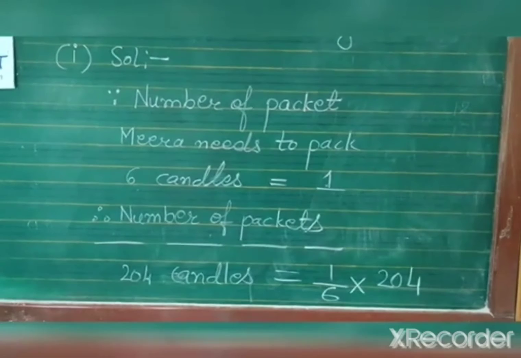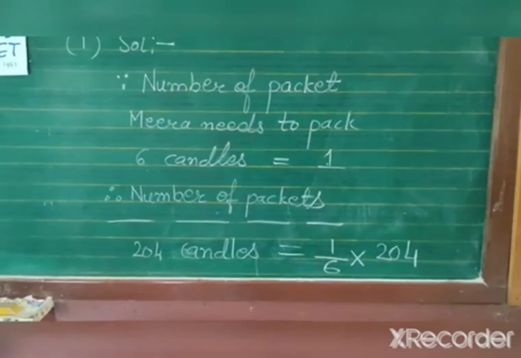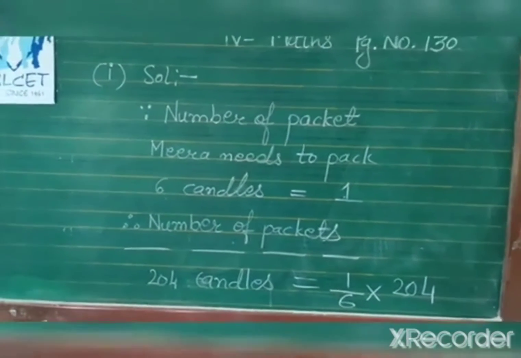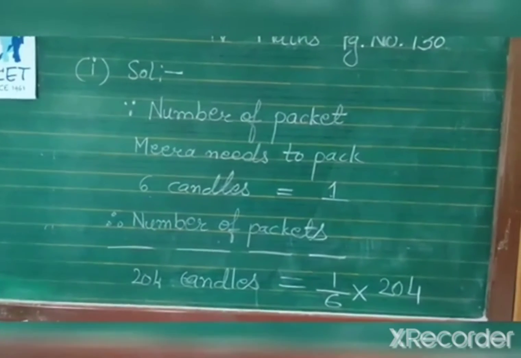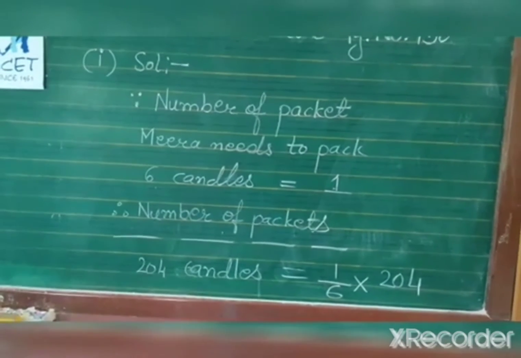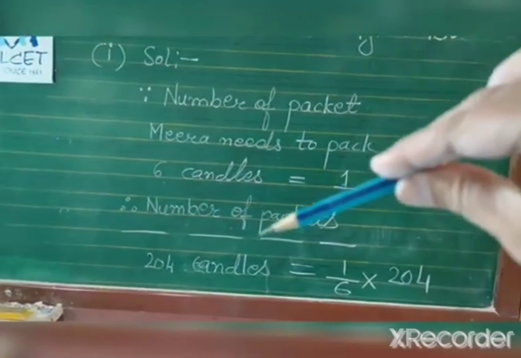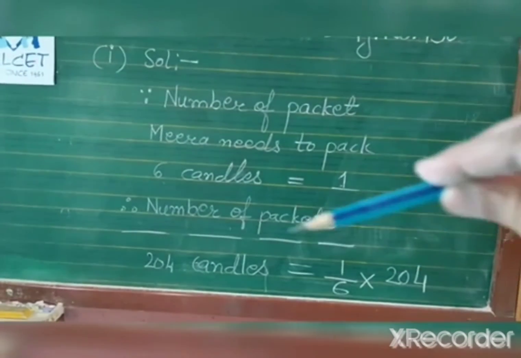Let us start. Now see here, number of packets Meera needs to pack 6 candles. One packet, we know in the question it's given. In one packet she will keep 6 candles. Now number of packets Meera needs to pack.